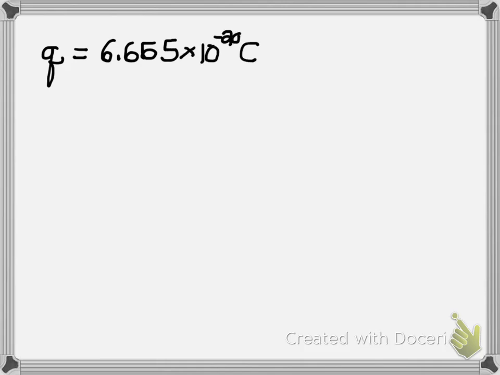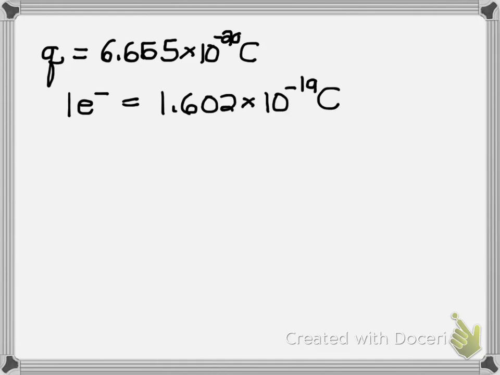What we have is Q equals 6.665 times 10 to the negative 20 coulombs. I know that one electronic charge unit equals 1.602 times 10 to the negative 19 coulombs.